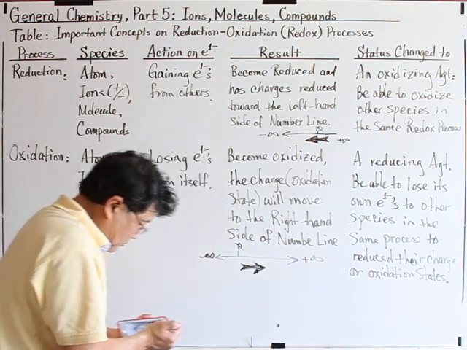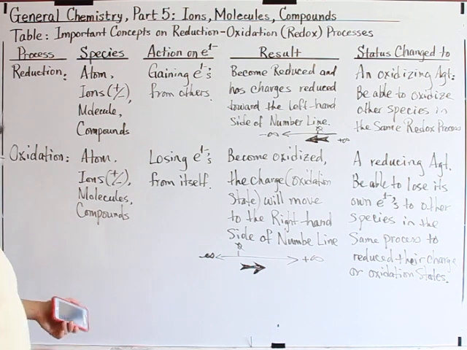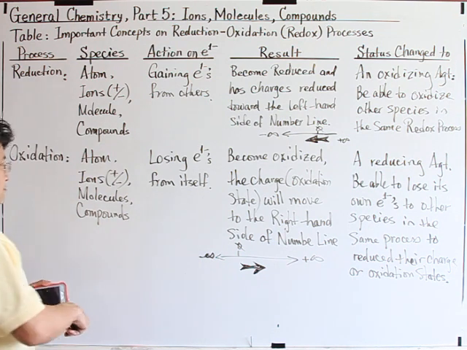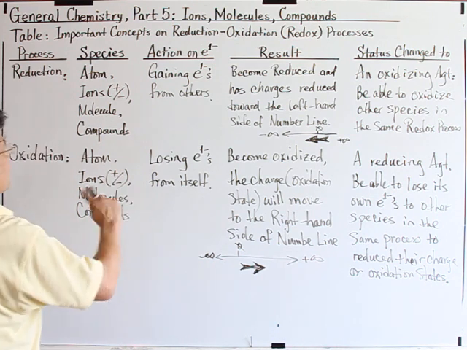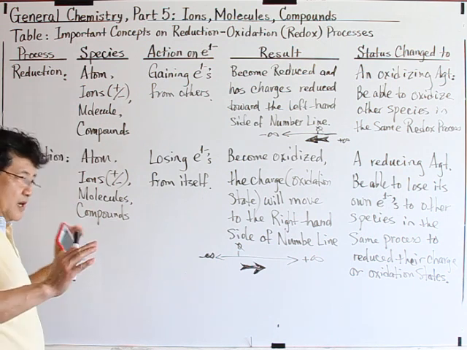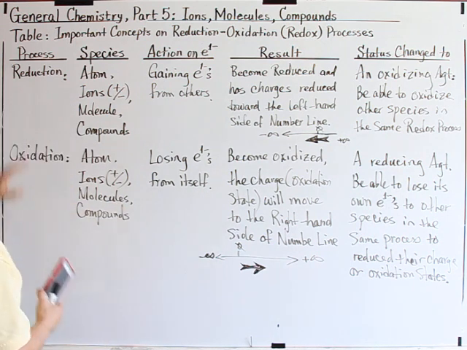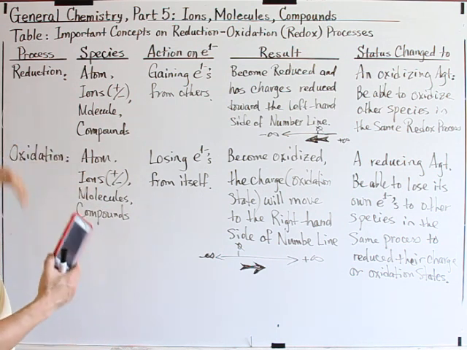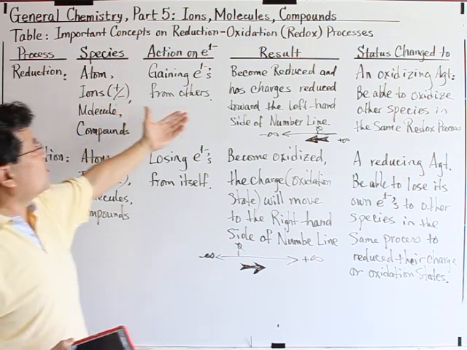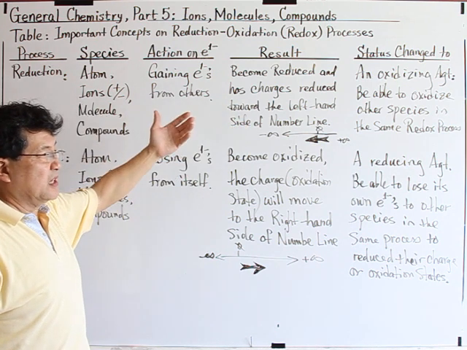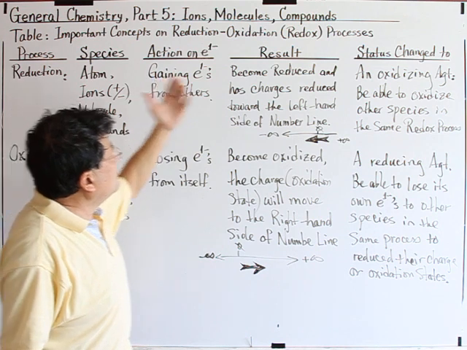All right, let's have a small review. It's just like a tongue twister. I was not born and raised here, so I don't know that one, but you know what I'm talking about. If you have a process called reduction, whoever goes through reduction will gain electrons. That gained electron has a negative charge, so the particle is reduced.